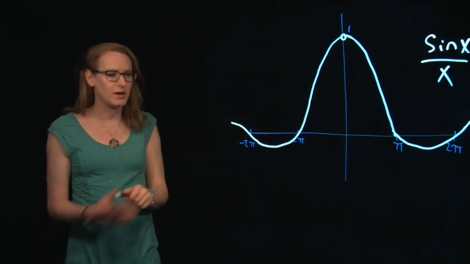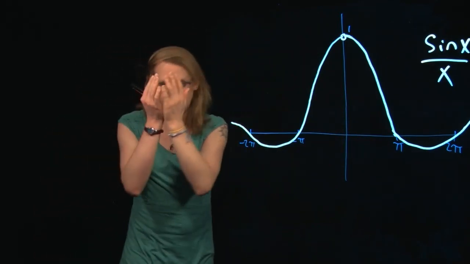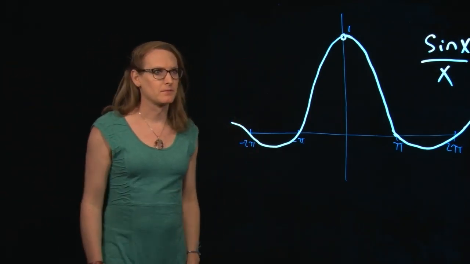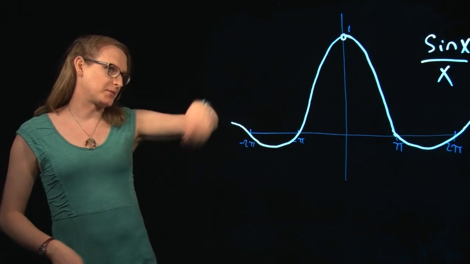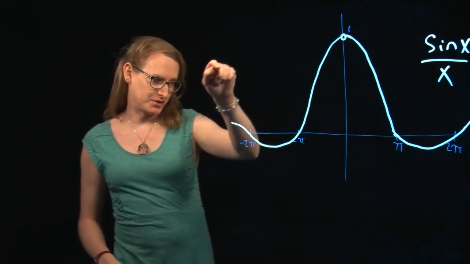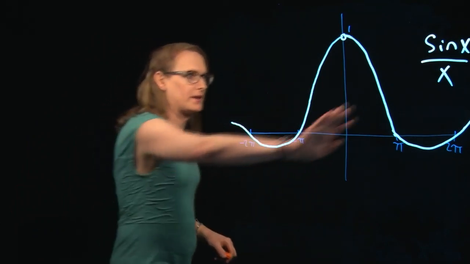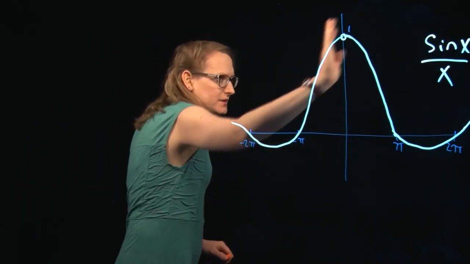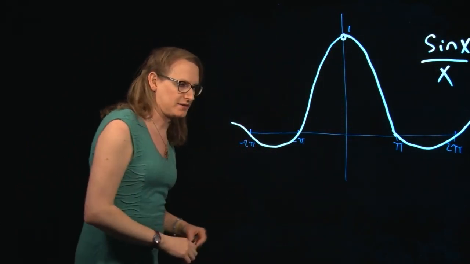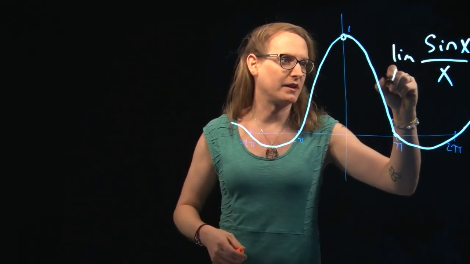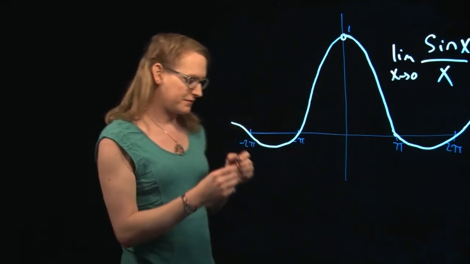Remember, 0 over 0 is a mask behind which hides any number or any not a number. So our mission is to peel away the mask, and the graph in this particular instance is what we're going to use to figure out what number hides there as x goes to 0. So we're going to look at the limit as x approaches 0 of sine x over x.